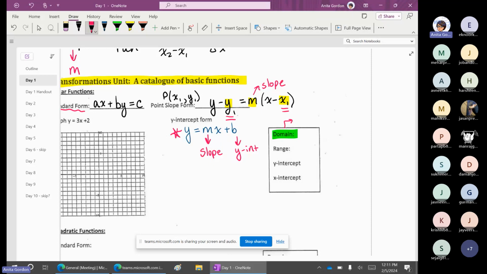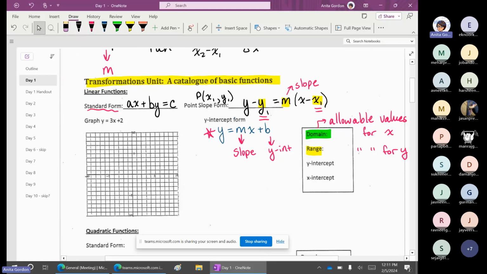So domain is the allowable values for x. And range is the same thing, but allowable values for y. Okay, what is it allowed to be or what is it not allowed to be? Domain and range, we're talking about restrictions. Okay, so those are all our definitions.